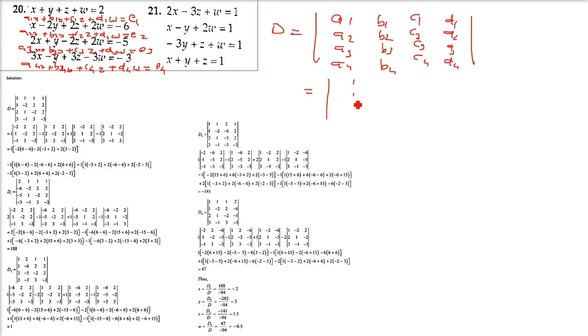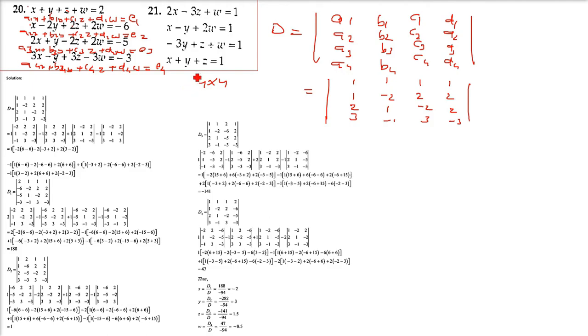Then in the second column we write the coefficient of y: 1, -2, 1, -1. The third one you write the coefficient of z: 1, 2, -2, 3. And the last one you write the coefficient of w: 1, 2, 2, -3. So this is 4 by 4. Okay. So this is how we'll do it.